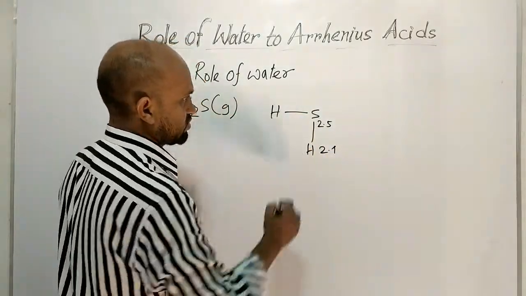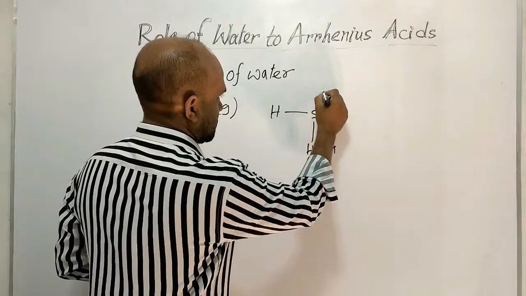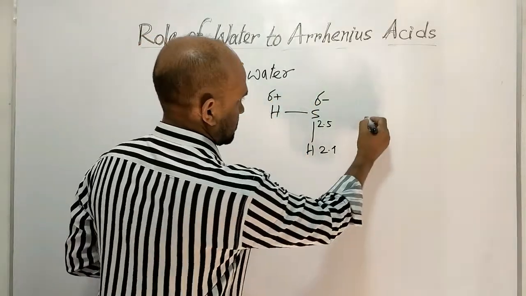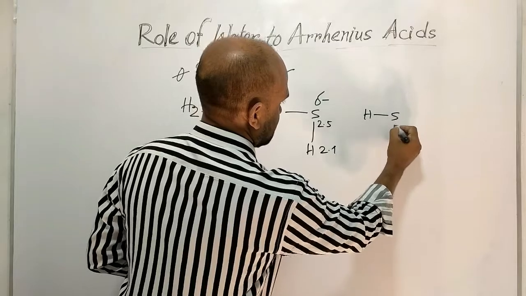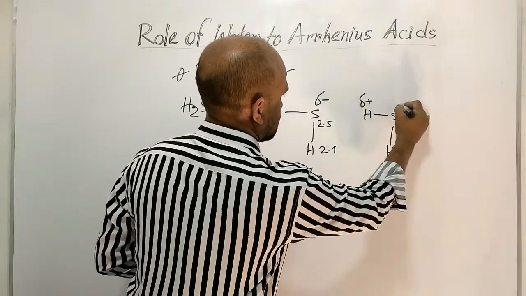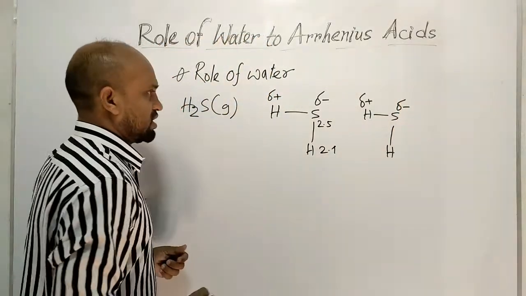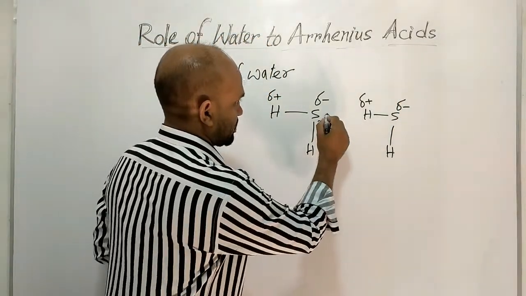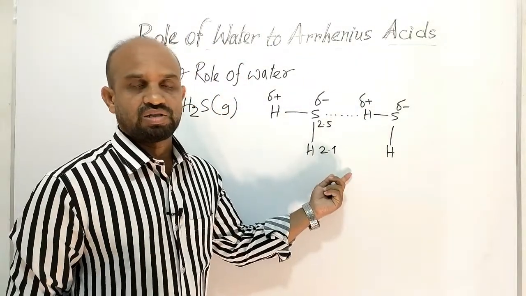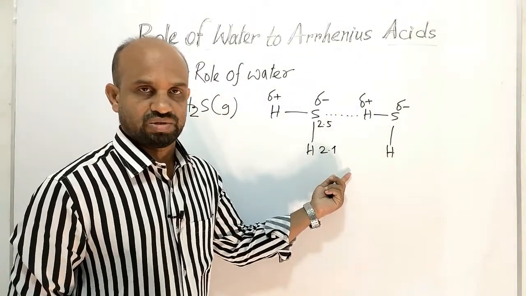So this bond is polarized and sulfur gets negatively charged and hydrogen gets positively charged. Another hydrogen sulfide, it gets positively charged, it gets negatively charged. And a kind of attraction force, that means hydrogen bond, is originated among the hydrogen sulfide molecules.